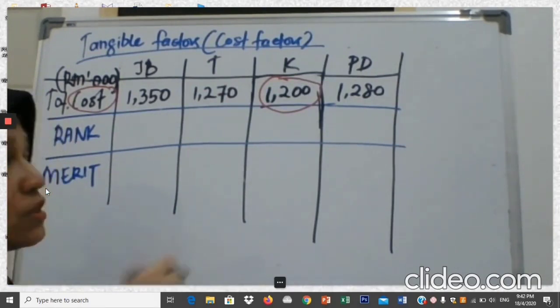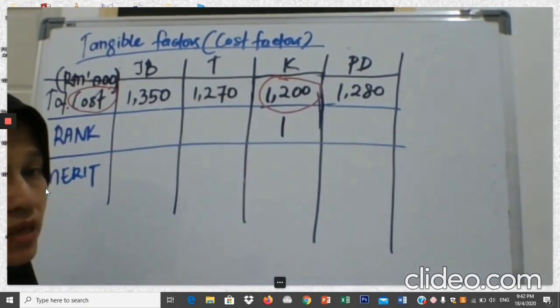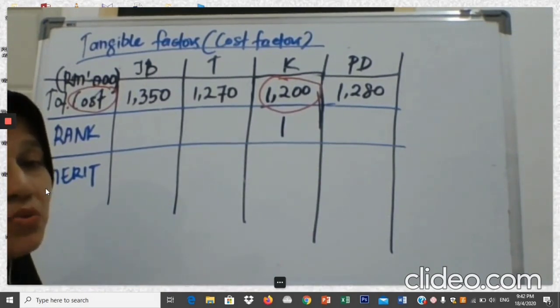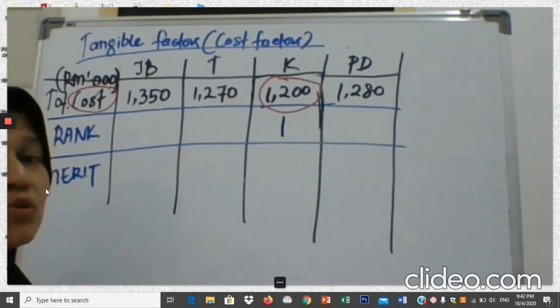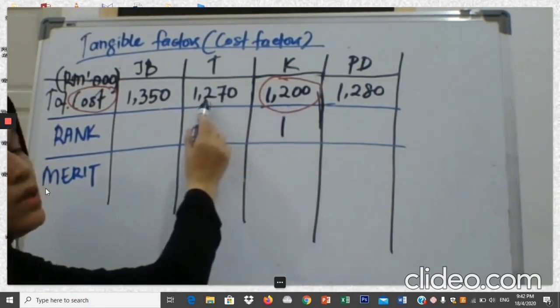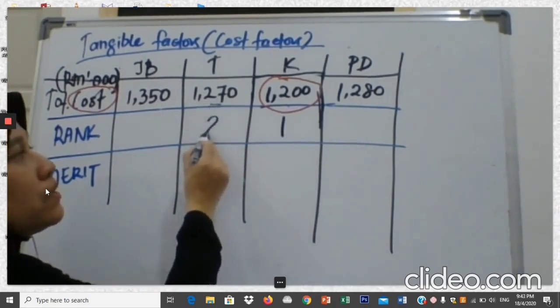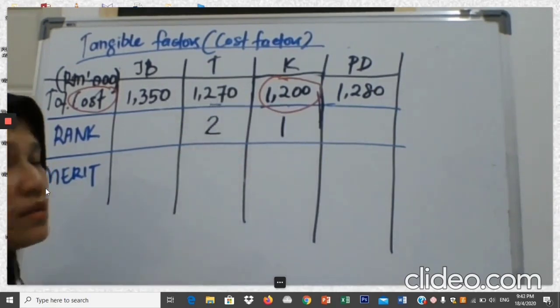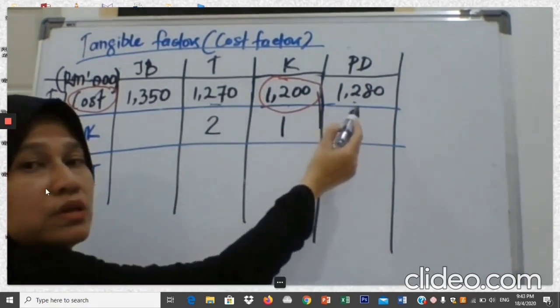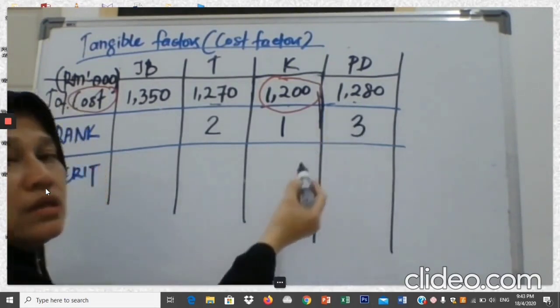For the best location, you assign rank number one. It is in position number one. The same thing applies when you were in school. You are the best, so you get rank number one. That is the concept of rank. Second best is Tapah at 1,270,000 ringgit, so you assign rank number 2. Third best is Port Dickson, 1,280,000 ringgit.